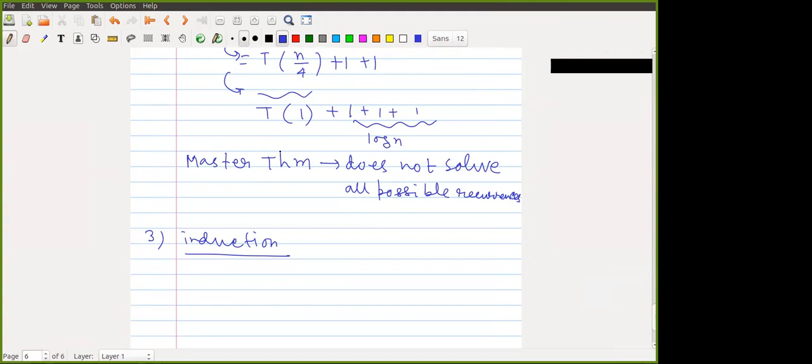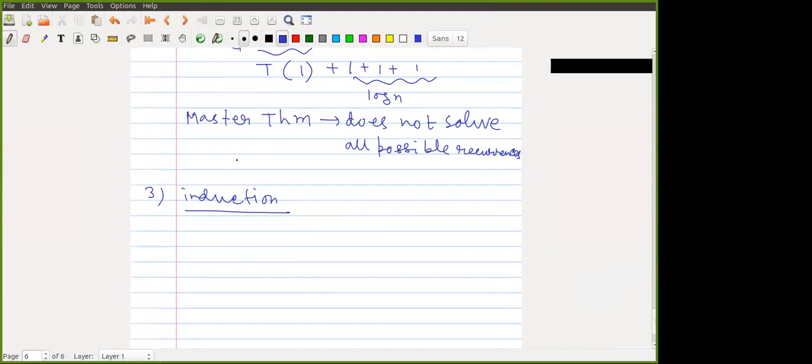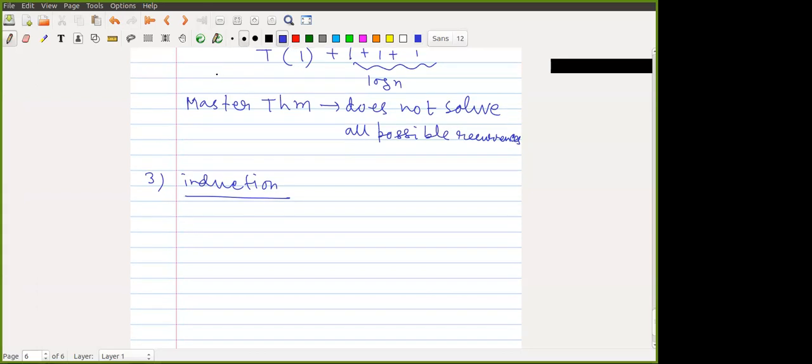One is opening up this formula, or using some generating function or some sort of technique to solve the recurrence, and then you guess, see, this is my solution, and then you prove it via induction. So we'll see a couple of examples.